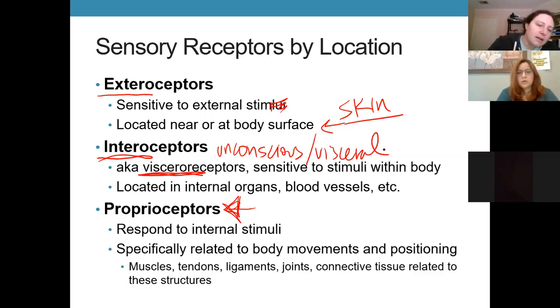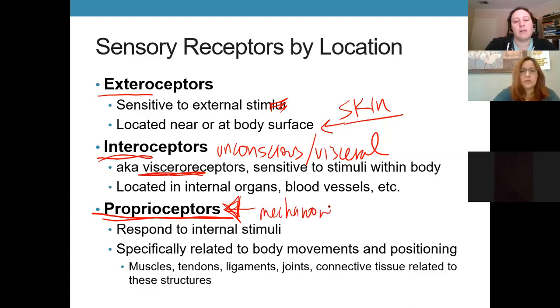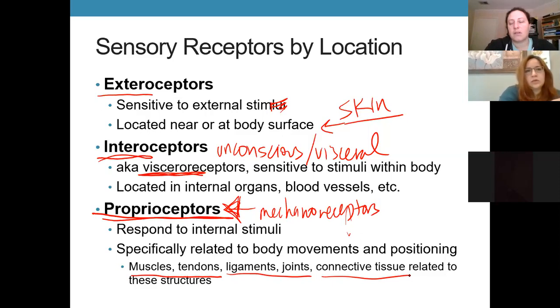The third category is technically also internal, but specific. Proprioceptors refer to all the internal monitoring related to body movement and body positioning. A lot of these are also mechanoreceptors. They are located in and around muscles, tendons, ligaments, joints, and other connective tissues relating to those structures.